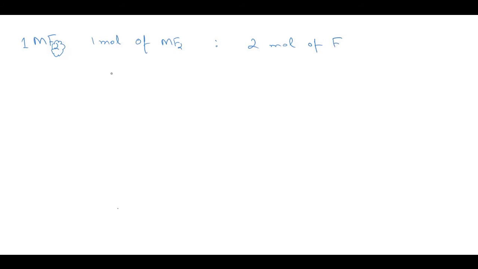But what if we are given only 0.6 mole of MF2? This means that we can have 0.6 into 2 mole of fluorine. The answer comes out to be 1.2 mole.